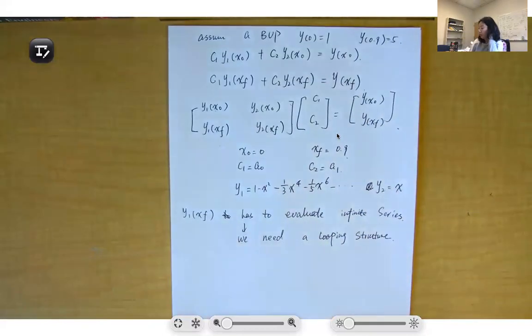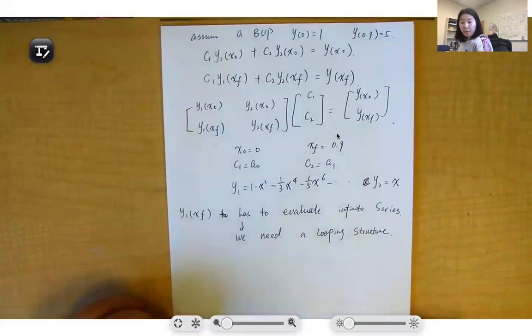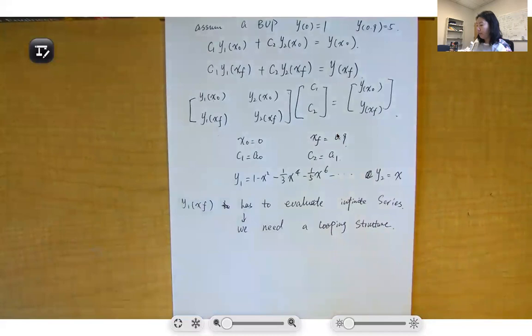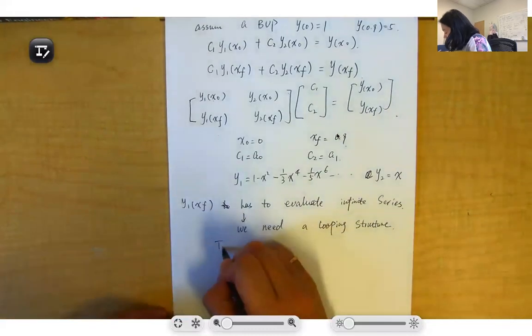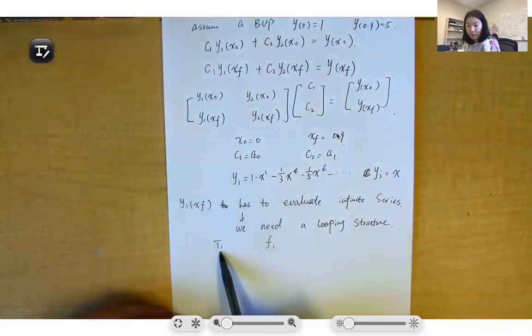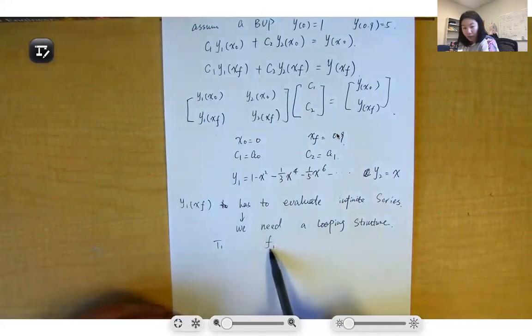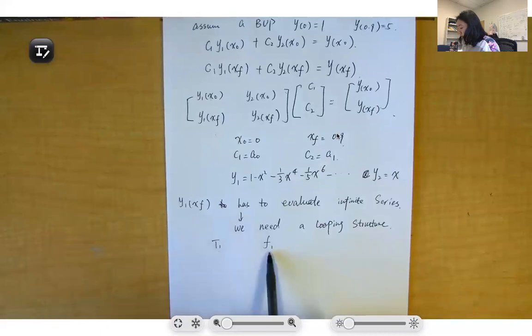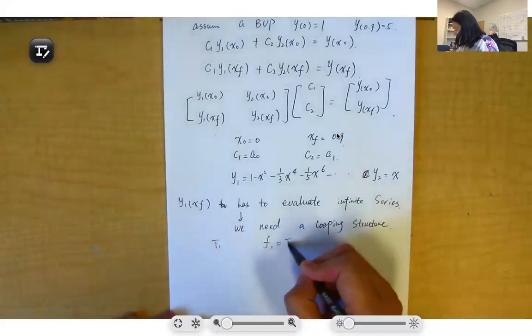That is what we have presented before. The logic of incorporating the infinite series into a looping structure is that you basically find the T1 term and the F1 term. T1 is the first term, F1 is the sum of all the series, but you define the first one, where F1 should equal T1.